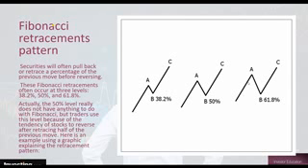Here we have the third pattern where it pushes up to A, which is the total thrust, and it eases back 61.8% and then moves up again. So in all three, we started out in the same place and ended up at the same place, but the market moves in pushes and thrusts, ease and thrust, peaks and valleys. These peaks are higher, and the valley is either 38.2, 50, or 61.8, and then it moves up to the next peak.